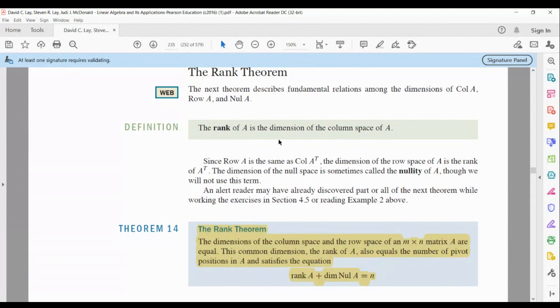That's known as the rank theorem. And incidentally, the dimension of the column space of A is called the rank of the matrix A. Okay, that's called the rank. First of all, are there any questions?